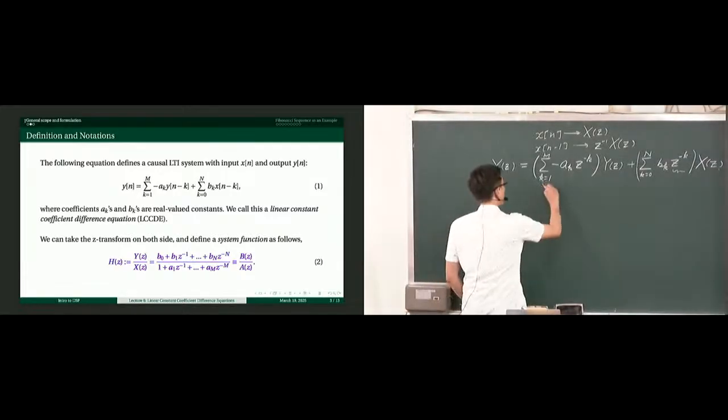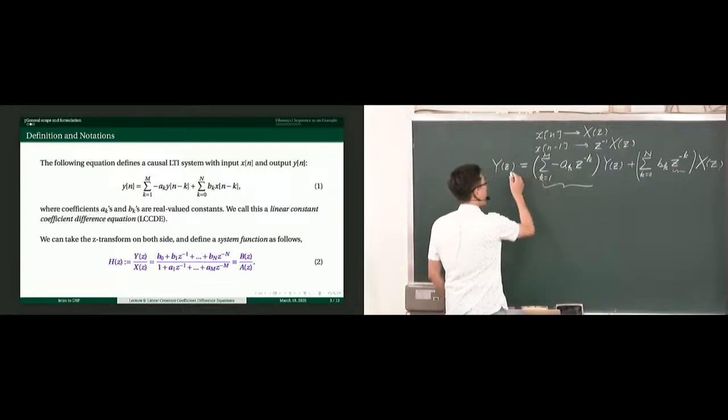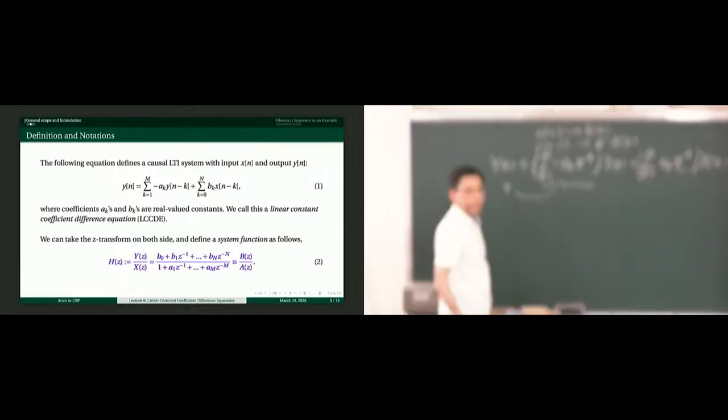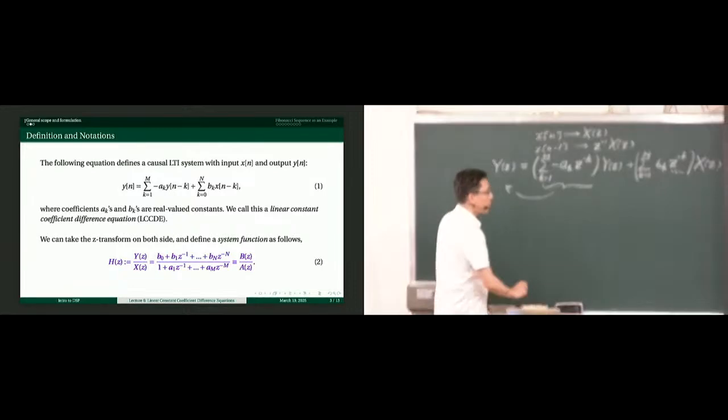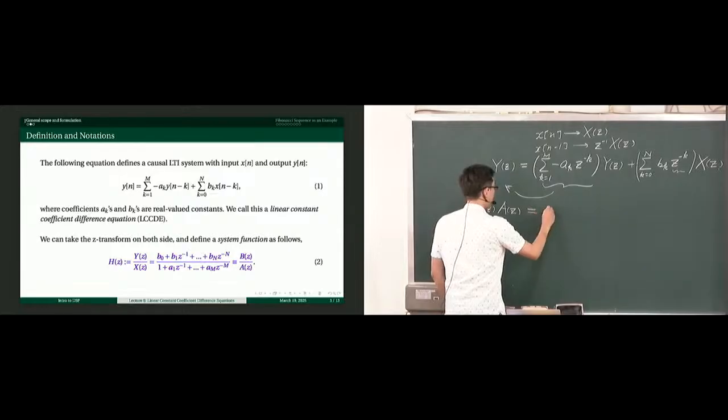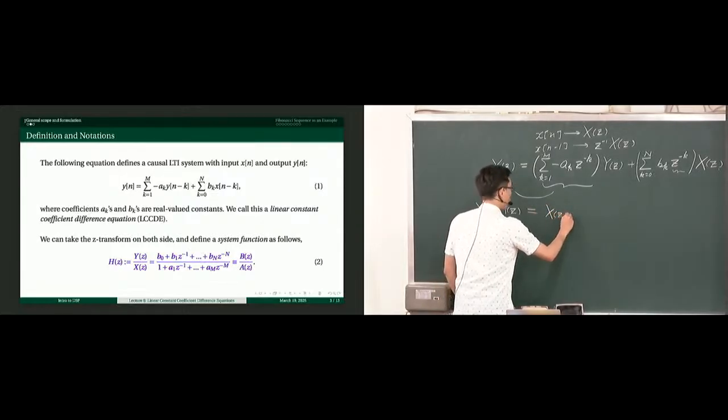The next thing is to move everything that has Y of z to the left. Then we have Y of z times a polynomial A of z equals X of z times a polynomial.